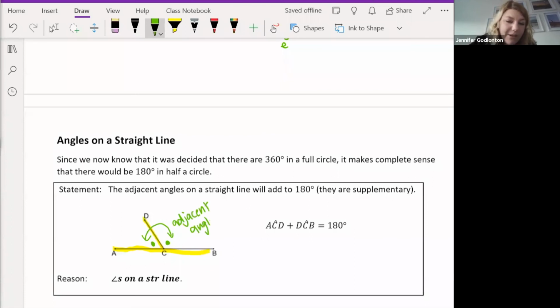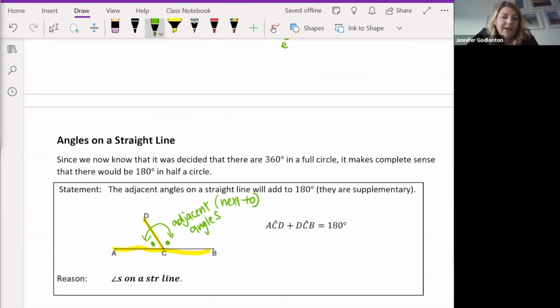Does anyone know what the word adjacent means? Tracy, what does the word adjacent mean? Ma'am, it means next to. Beautiful, absolutely, well done.